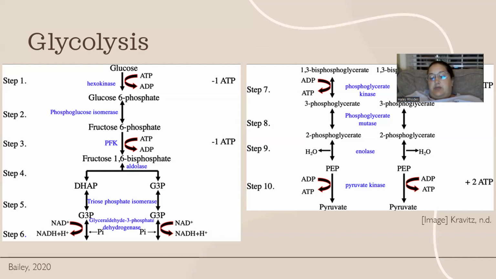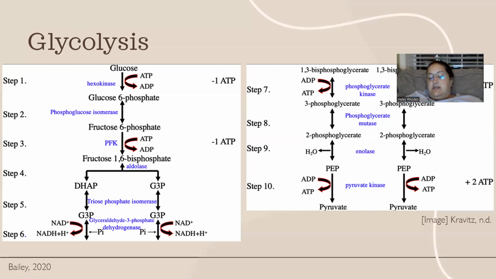In step 6, we will see glyceraldehyde 3-phosphate dehydrogenase take a hydrogen from the G3P and then add it on to an NAD, or nicotinamide adenine dinucleotide, to form NADH plus H, which is your hydrogen ion.